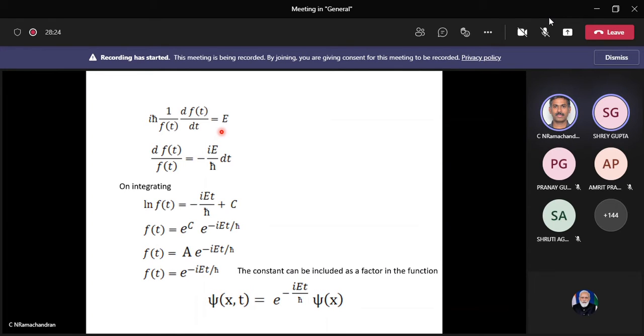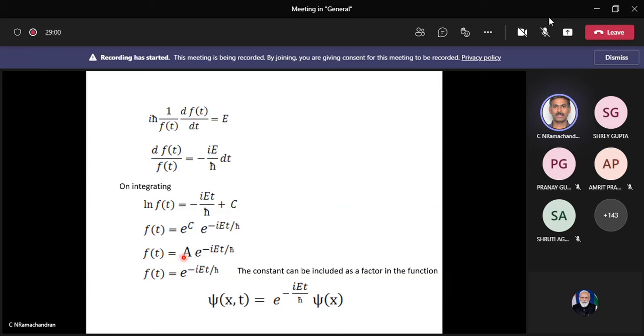Sir, can you please re-explain what you were telling about normalization in this derivation? What I'm saying is, what is our psi(x,t)? Psi(x,t) has two parts, this part and this part. So overall, we have to normalize this wave function. If you normalize this wave function, automatically a normalization constant will come here. Whether you use A here or not doesn't matter.